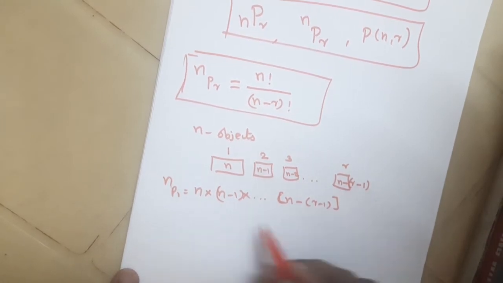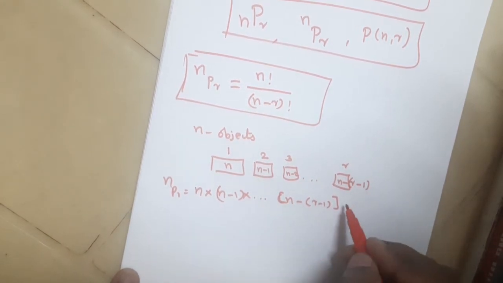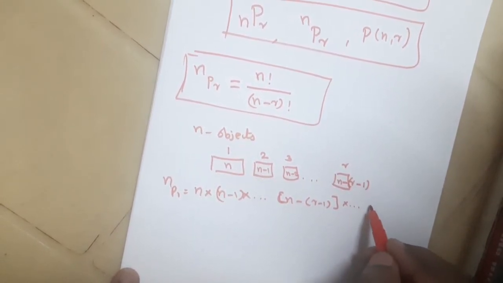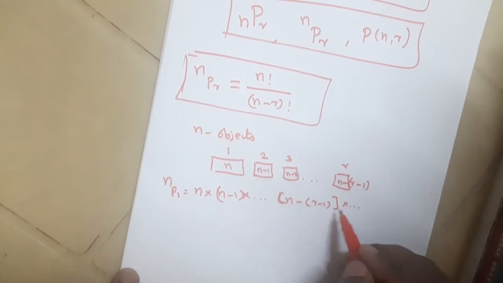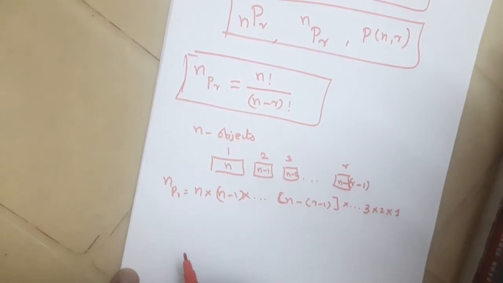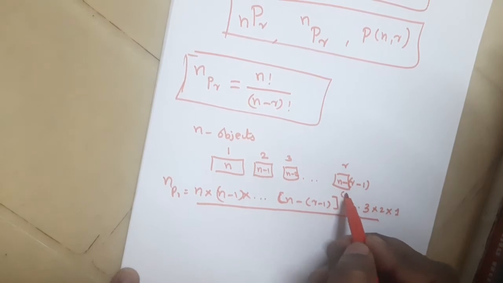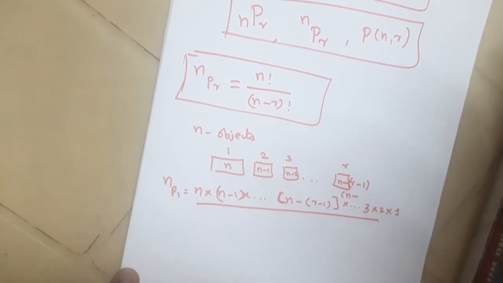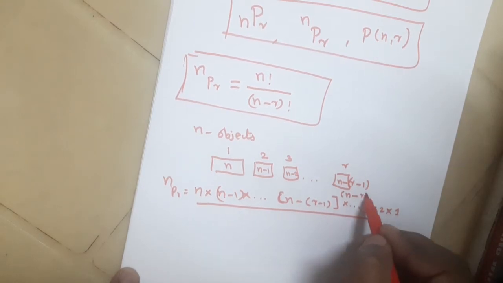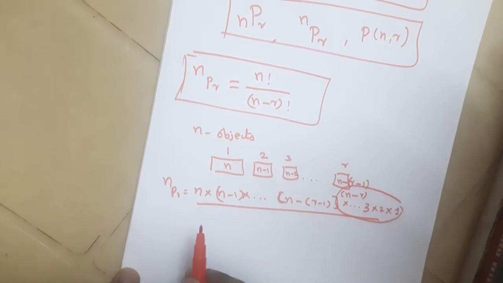Then suppose I want to give this formula in factorial format. So I expand this formula, reducing one by one. Then the last term is 3 into 2 into 1. Similarly here, the term is n minus r, so totally we multiply down to 1.